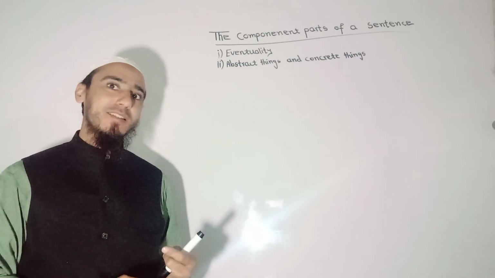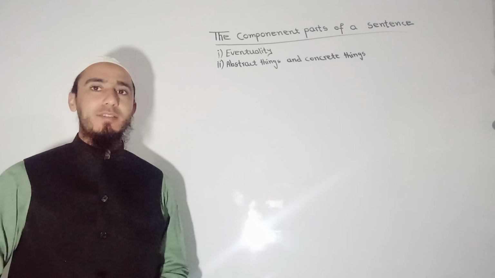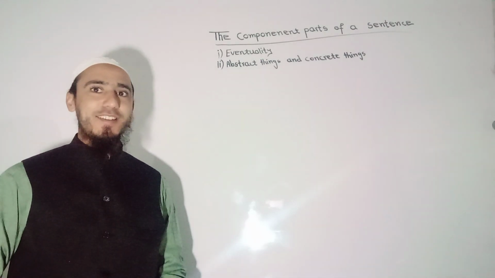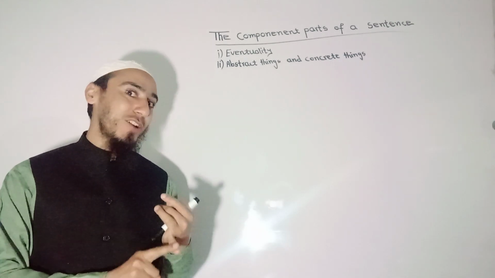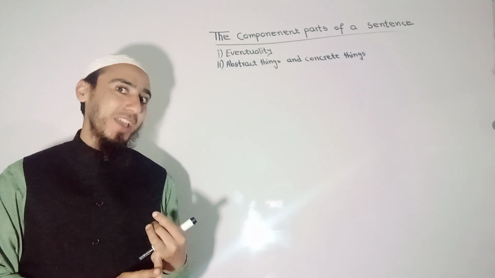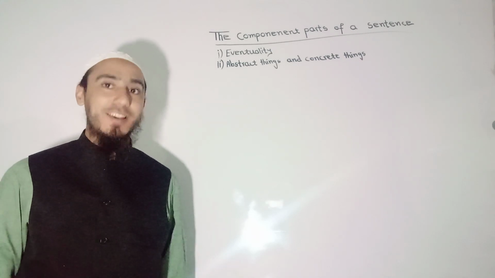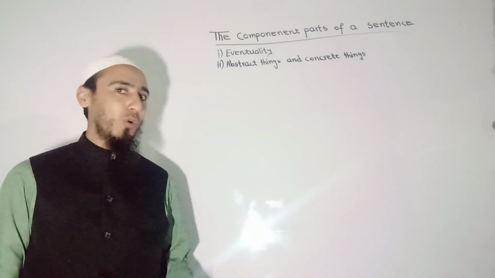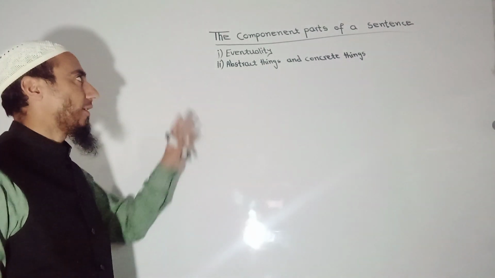What kind of phrase represents an event in a sentence, an action in a sentence? And that is the verb phrase. Verb phrase actually represents eventuality, states of affairs, and an event or an action in a sentence. This is one point in a sentence.